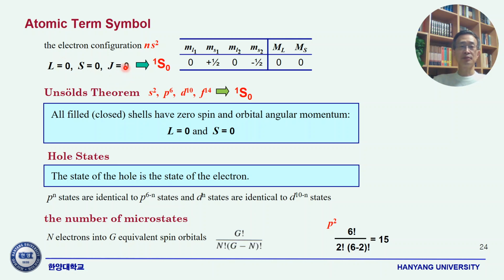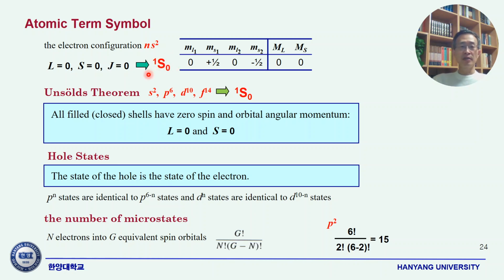With S equals 0, 2 times 0 plus 1 is 1, a singlet. So 1S, and J is 0 plus 0 equals 0. So the term symbol for the helium ground state is 1S0. I think that people say 1S0. I'm not really native in this field, but that is the way I say it.